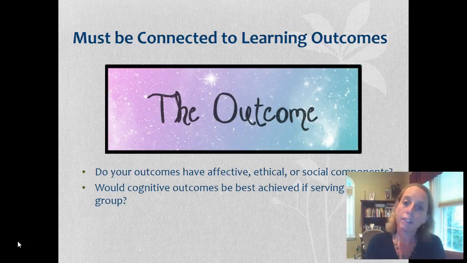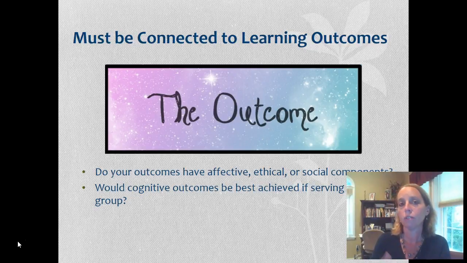So what you want to think about when you're trying to determine whether service learning is a good, important method for your class is, do your outcomes have affective, ethical, or social components? They tend to lend themselves a little bit more to the service learning approach. And then also think about what kind of cognitive outcomes could be best achieved if you were serving an outside group.